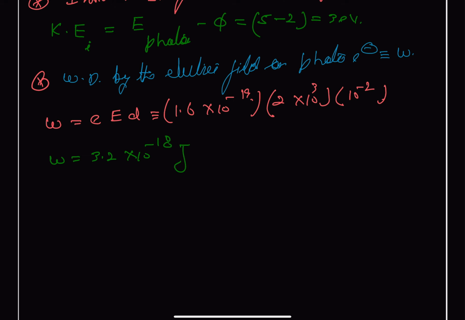And we are going to convert this into electron volt. So best is if you divide this term by 1.6 into 10 to the power minus 19, and this comes in electron volt.